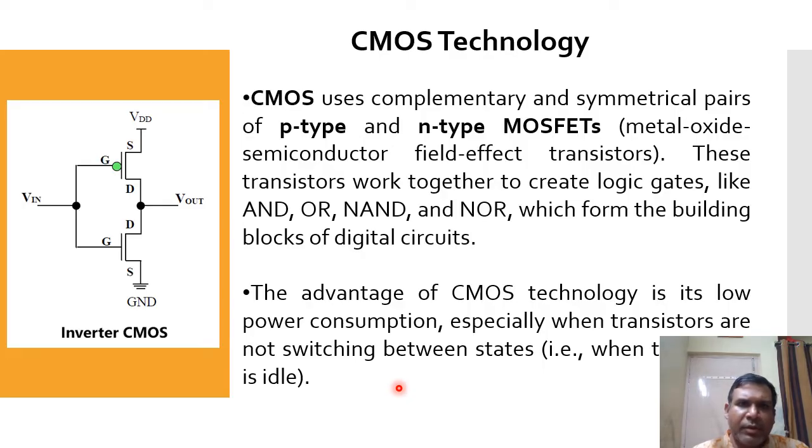CMOS technology is mainly used for high performance and high speed digital circuit design. The major advantage of CMOS technology is its low power consumption, especially when transistors are not switching between states.